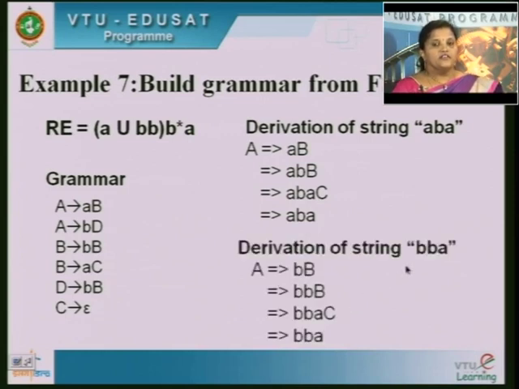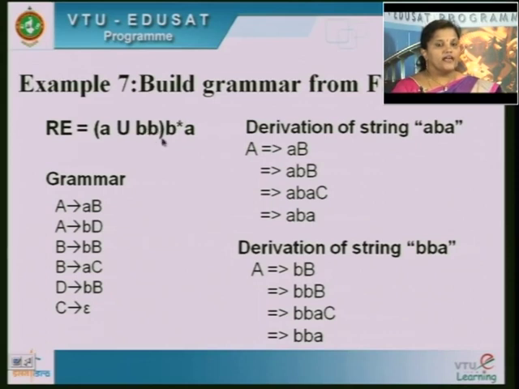And similarly, I have derived the string BBA. So, this is starting with A and this is starting with B. Starting with A means here it can contain either A or BB. So, here I have taken a string BB followed by A. Since the star is there, it can be 0 or more number of times.